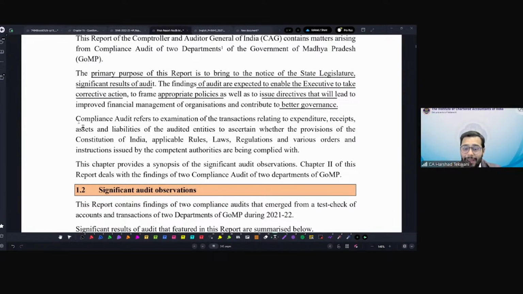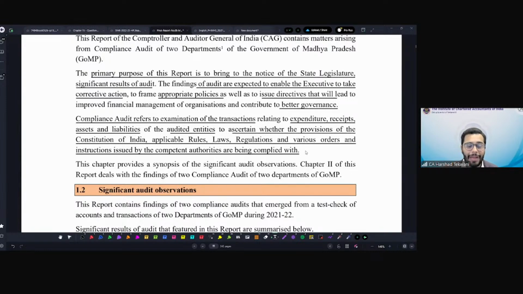Now, they are saying what a compliance audit is over here. Compliance audit refers to the examination of the transactions relating to the expenditure, receipt, asset and liability of the audited entities to ascertain whether the provisions of the various laws and regulations which are issued are being complied with or not. So they will examine the transactions to ascertain whether the provisions of whatever laws are applicable to them are being complied with or not.